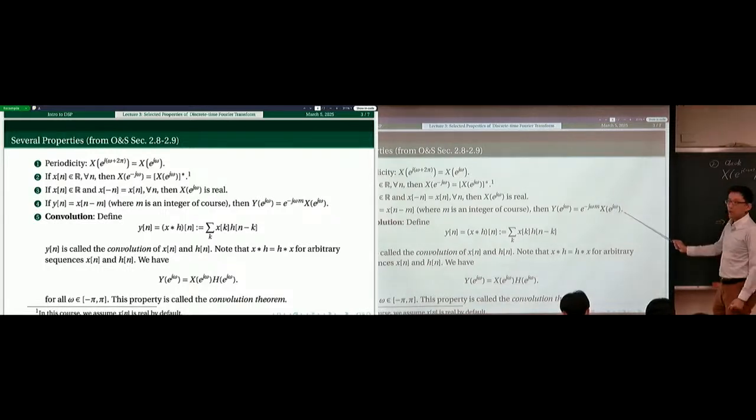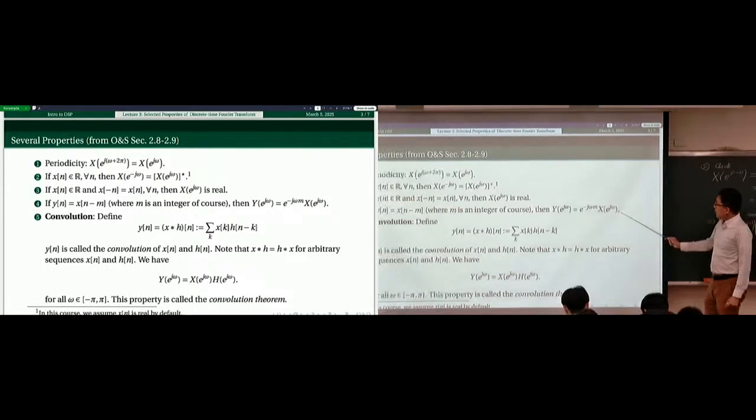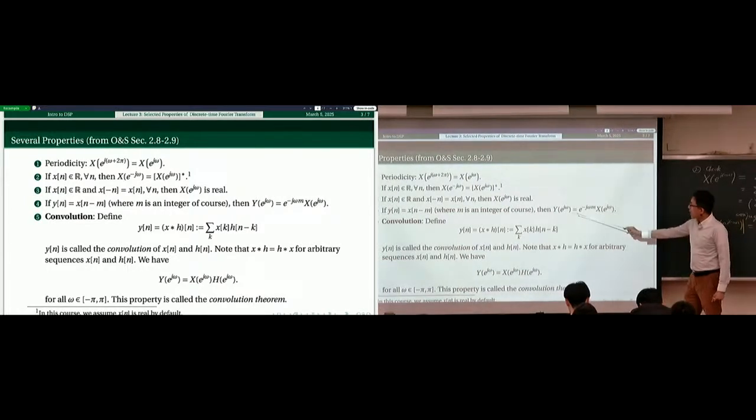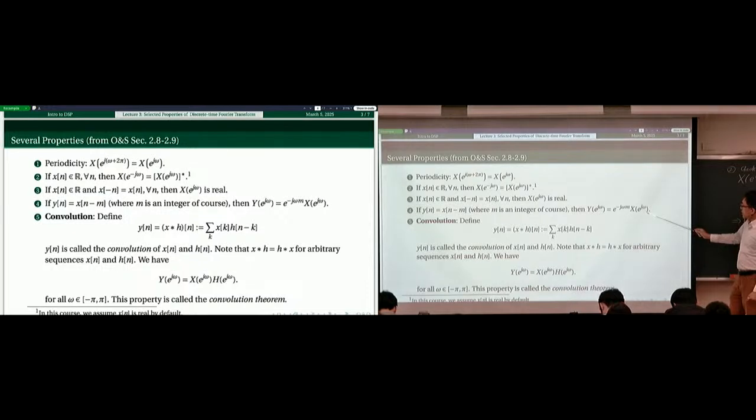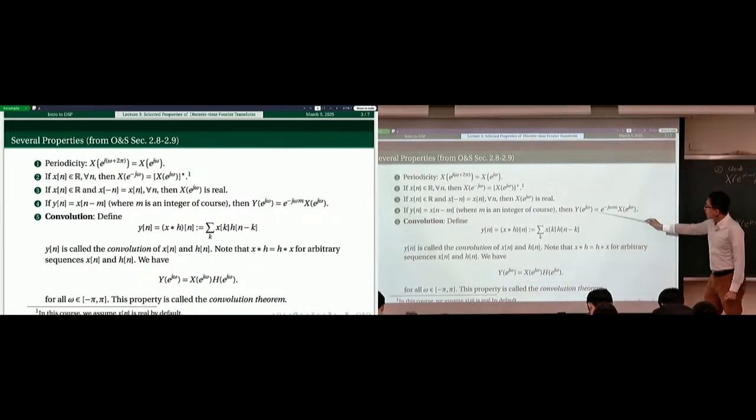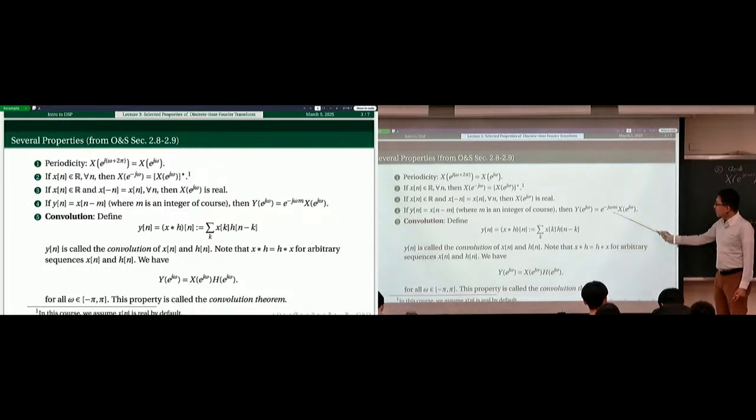So if y is simply x but delayed by m samples, to be exact, then we have this relation: the spectrum of y is going to be x multiplied with this extra term right there.